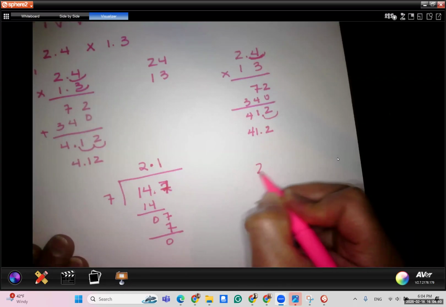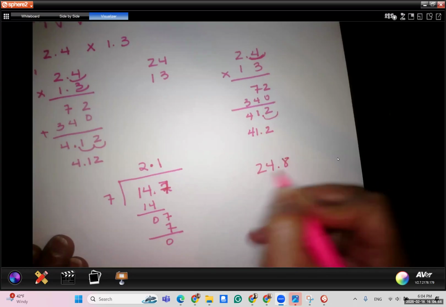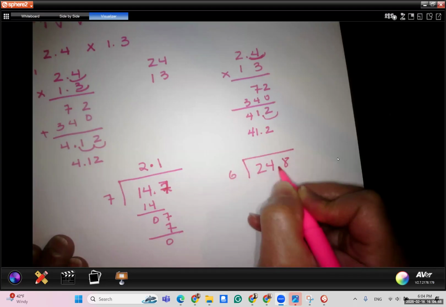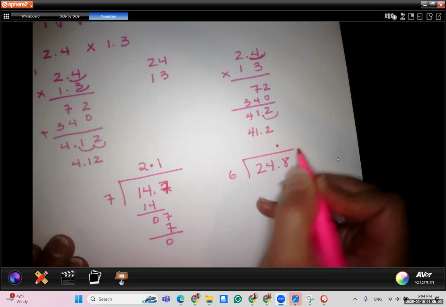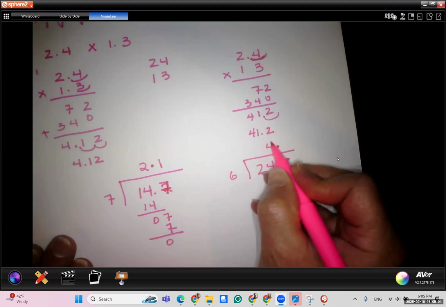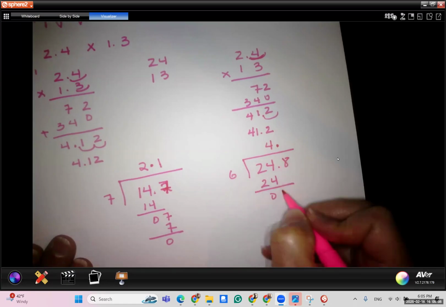Okay, here's another example. Let's say 24.8 divided by 6. Bring the decimal up, and you're done with that. Now 6 goes into 24 4 whole times. Okay, the decimal has already been dealt with.